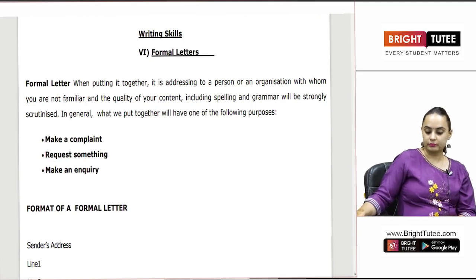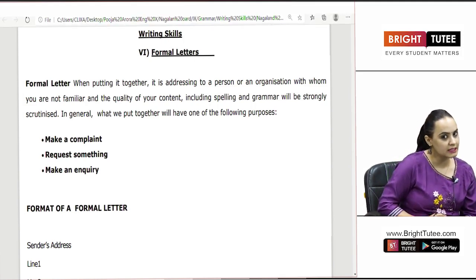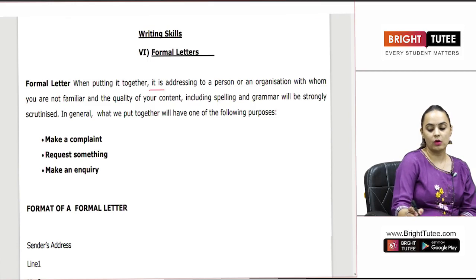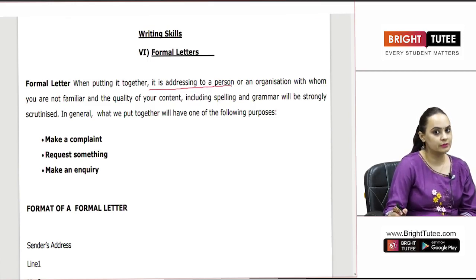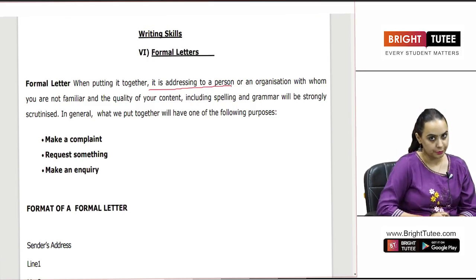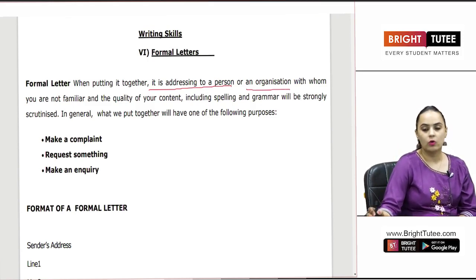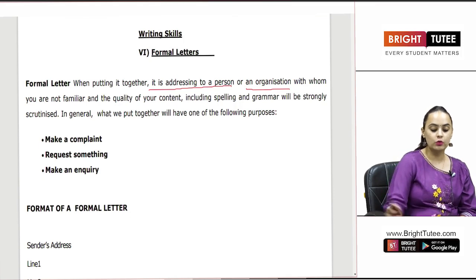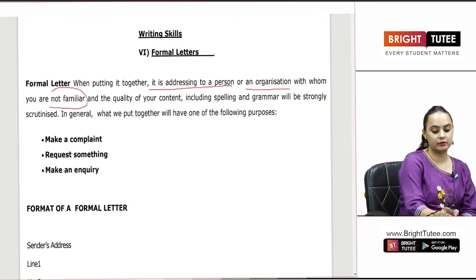So what is a formal letter? Now it is always addressing a person. A formal letter is always written to a person or an organization with whom you are not familiar.